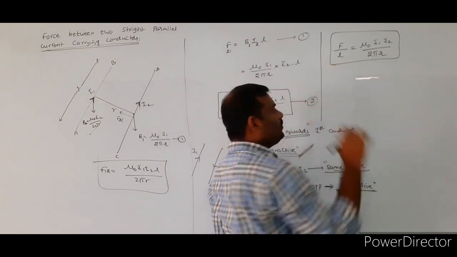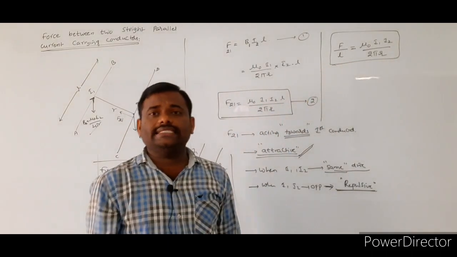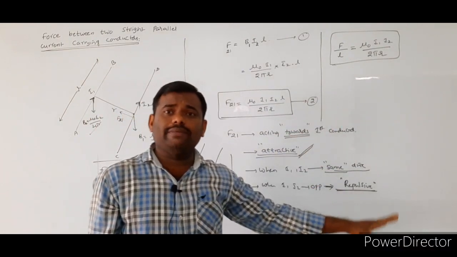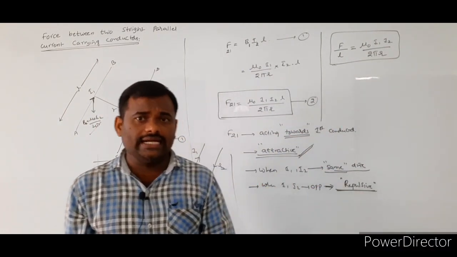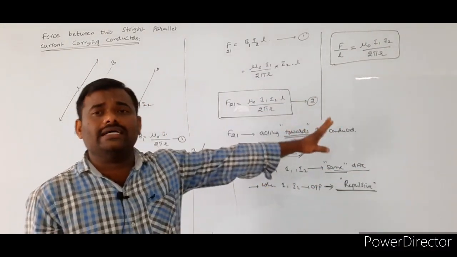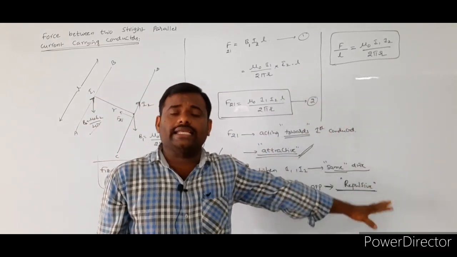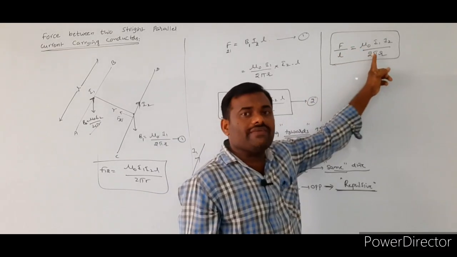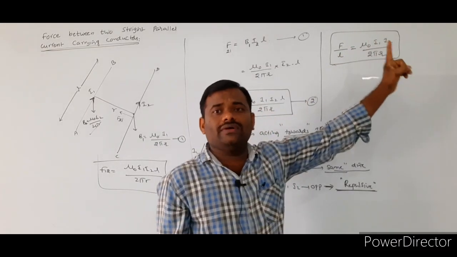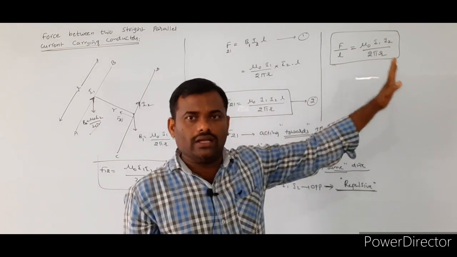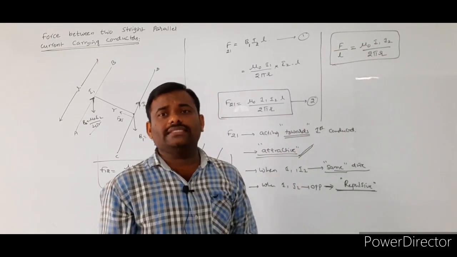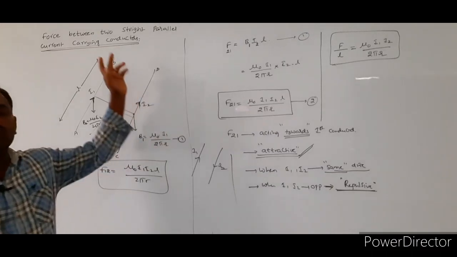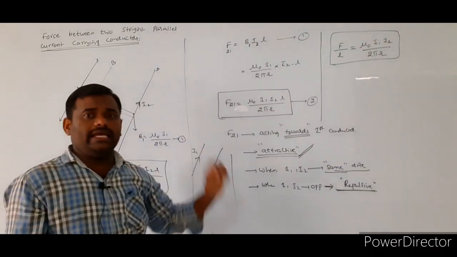F by L denotes the force experienced by any one of the current carrying conductors per unit length. So this is the expression for force acting between two straight parallel current carrying conductors.